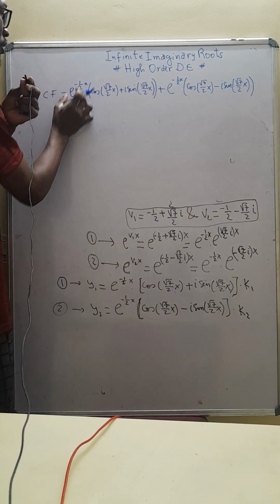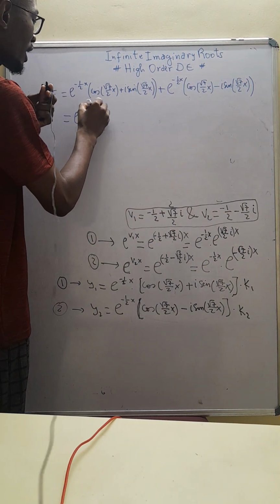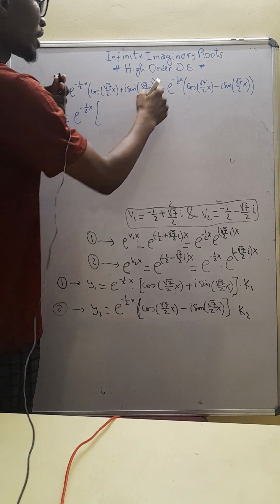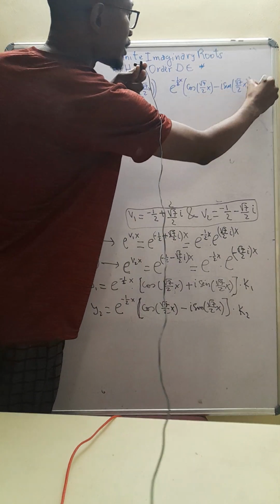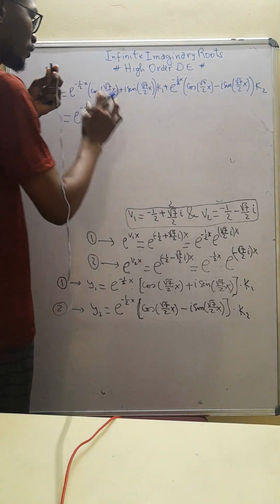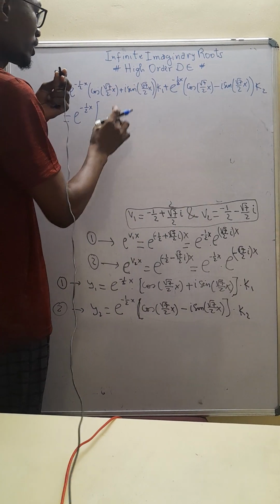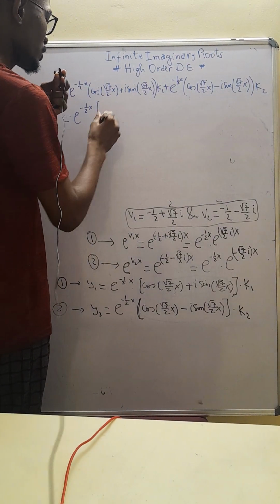So I can take this one common: Euler raised to minus 1 by 2x. Sorry, I forgot, here it is multiplied by Q2, and here is Q1. Do not forget about this. Take this one common.